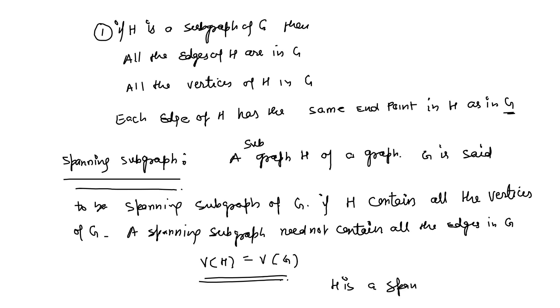For a subgraph, we can take any portion of graph G. But for a spanning subgraph, if graph G contains 4 vertices, the subgraph contains all 4 vertices but not all the edges of graph G. This is the basic difference between a subgraph and a spanning subgraph.